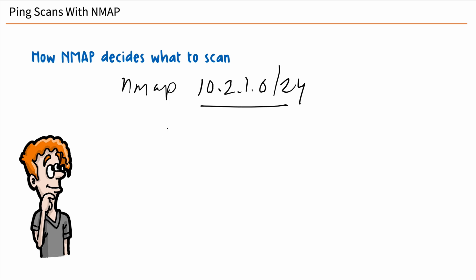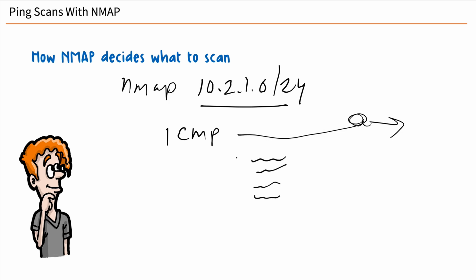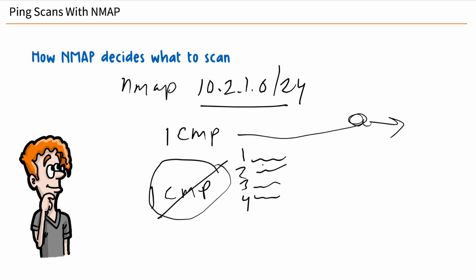Well, what it does is it goes out and does an ICMP ping across the entirety of the subnet. And whatever is alive, it puts its IPs on this list, and then it goes through and scans the hosts on that list. So if a device doesn't respond to ICMP, it's not going to make it on that list. Well, that can be a problem.